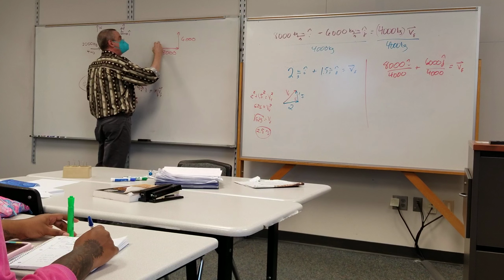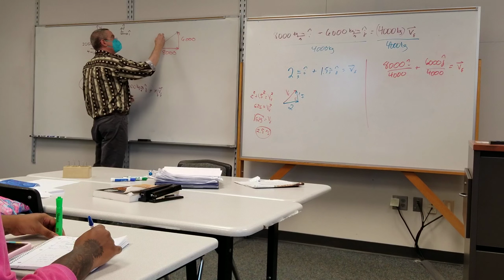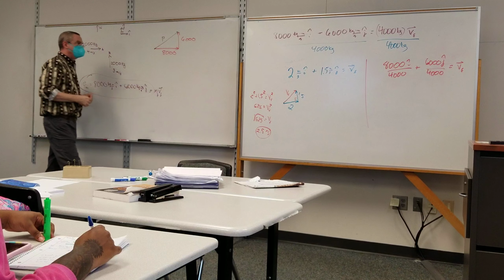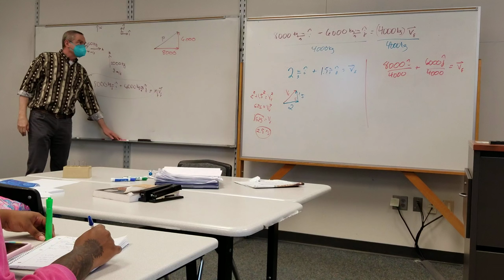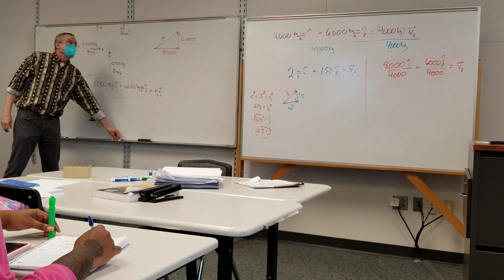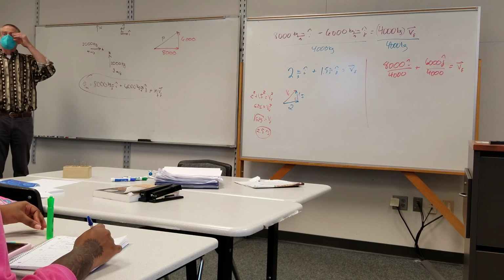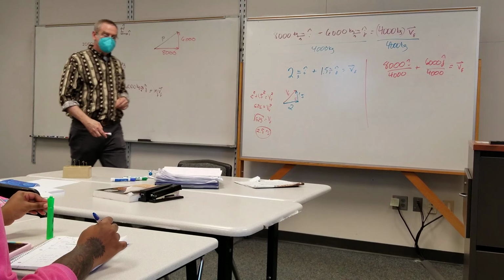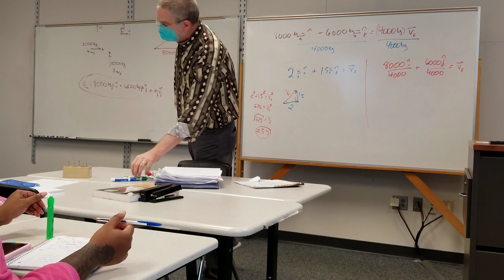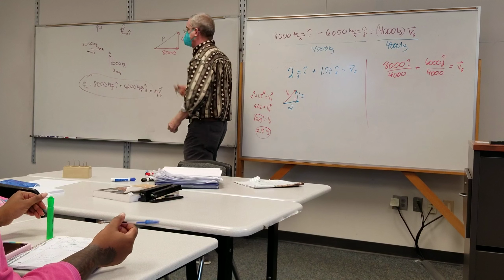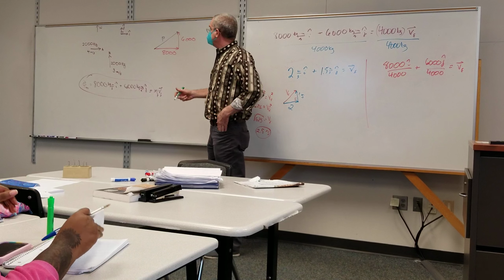That gives me a right triangle, because i hat and j hat are perpendicular. So let's find the magnitude of the total momentum.